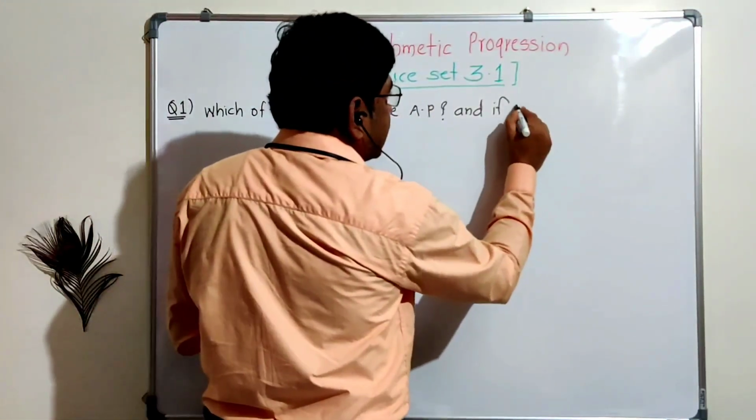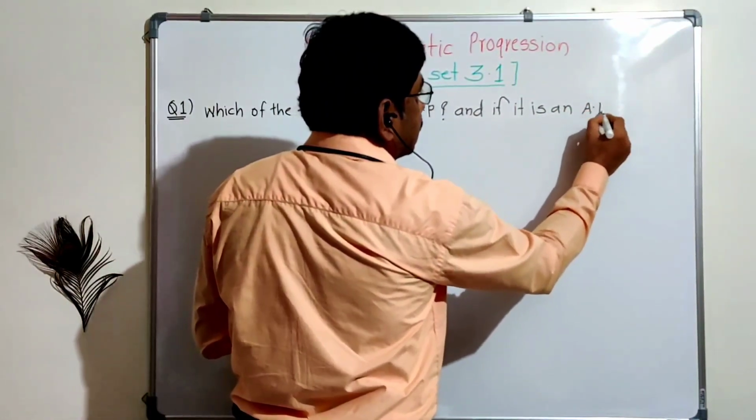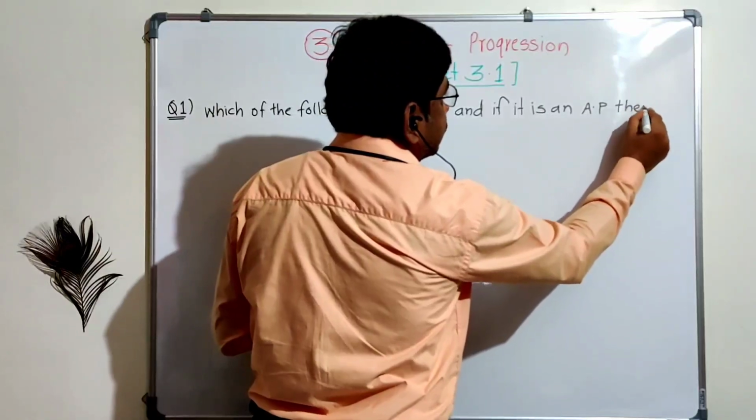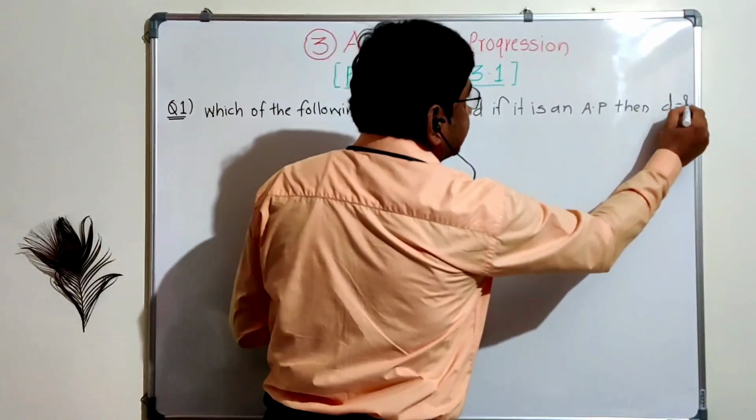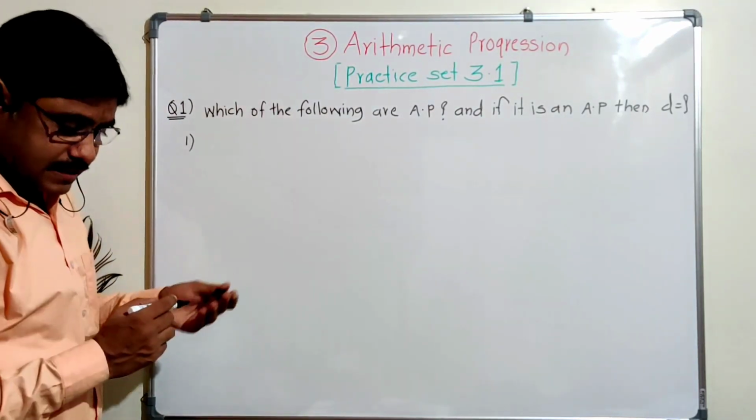If it is an AP, then find D, means the common difference. We have to write the common difference. Let us see that second one.